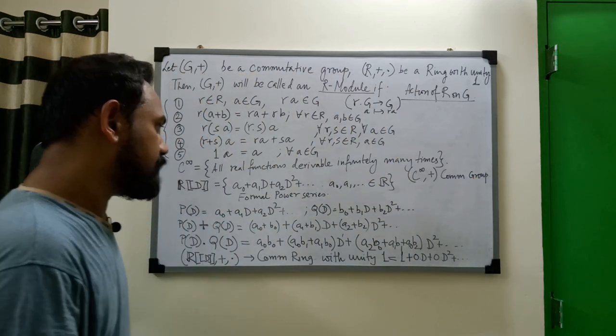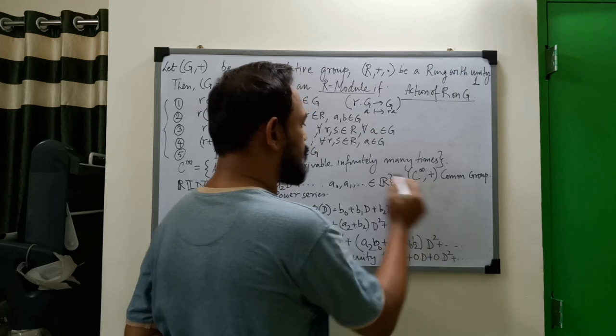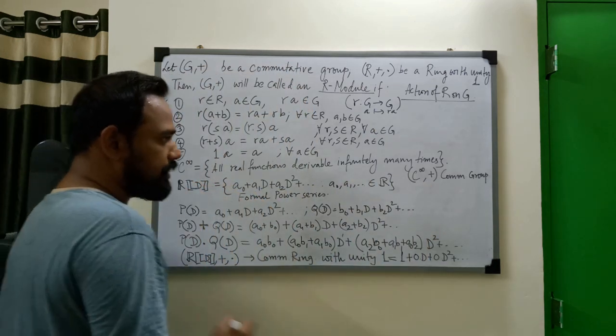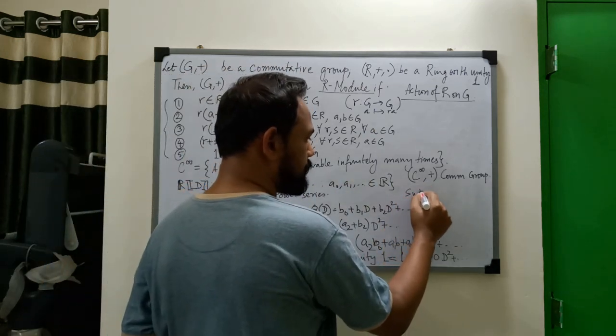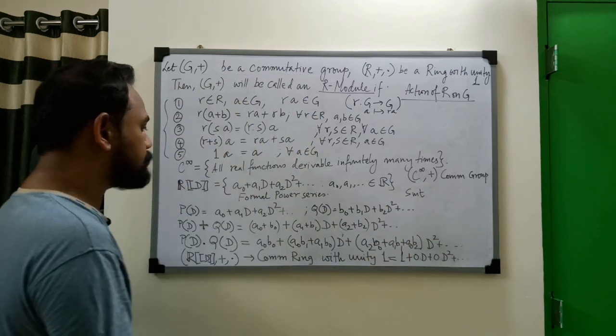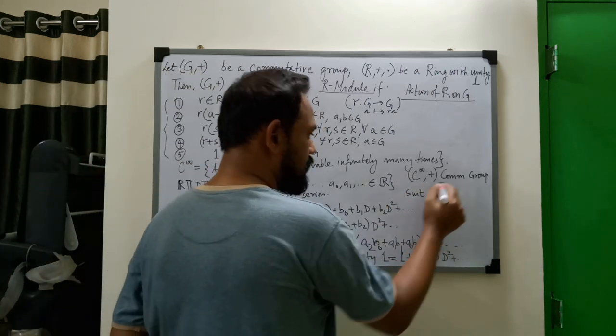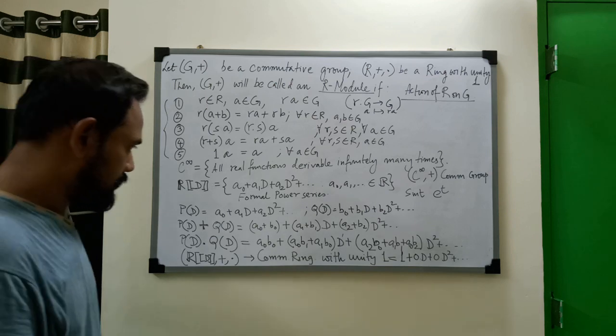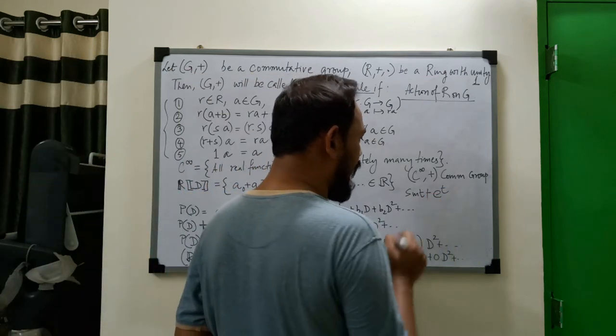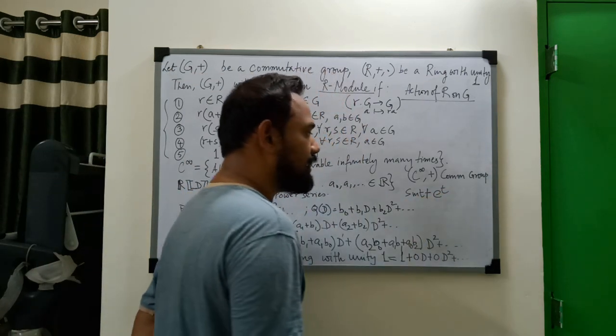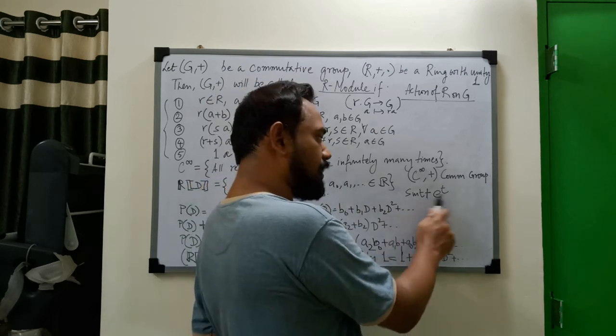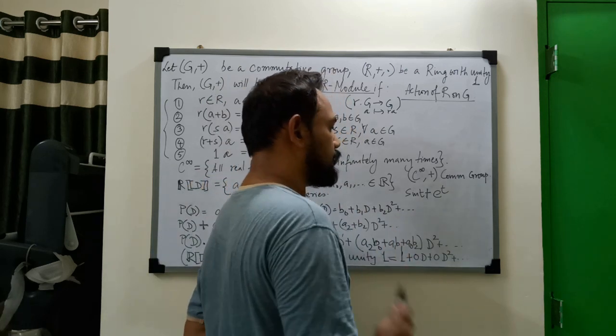What is the addition sign? For example, if you take two elements from C infinity, if you take sine t, that's an element which is differentiable infinitely many times. If you take e to the power t, that's an element which is differentiable infinitely many times. If you add them, what does addition mean? It's not really the real number addition. It's a function addition of two functions.